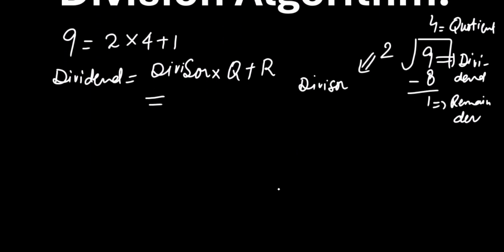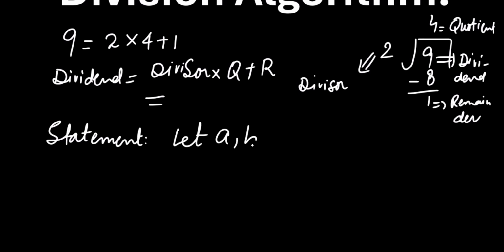Now, in today's lecture, we will prove the division algorithm in general for integers a and b. So, how can we state the division algorithm? Statement. Let a, b be two integers belonging to Z with b positive.